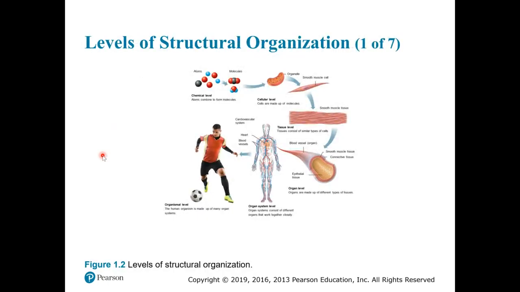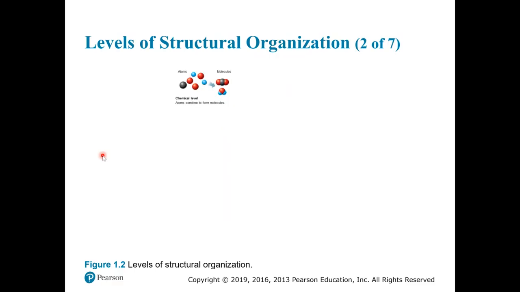So here's a level of structural organization chart. Atoms combine to form molecules. Represented here, and this is pretty common, the black represents carbon, the red oxygen, and blue hydrogen. Here we have a carbon dioxide molecule, one carbon, two oxygens on either side.